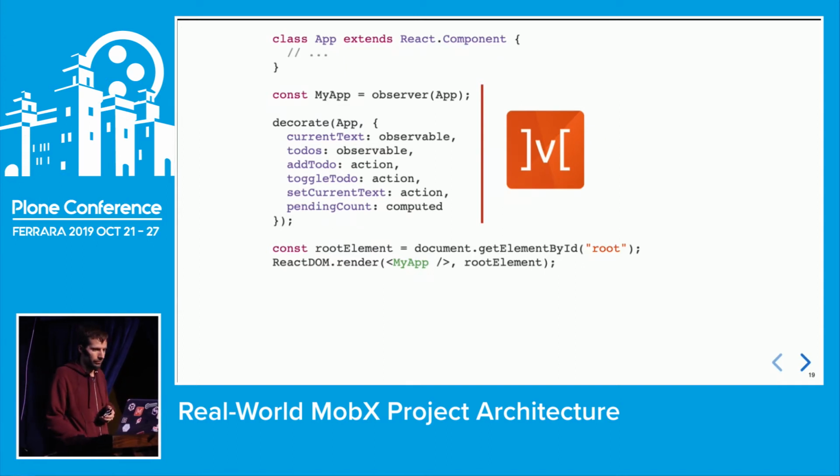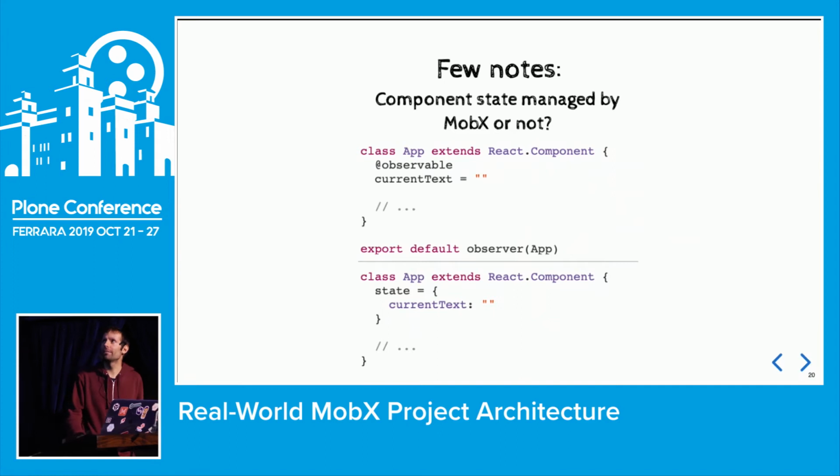So the first thing you may think about is, well, should I use MobX as a state manager for our React component, or should I use React state for the components? Well, in my advice, you should use MobX.